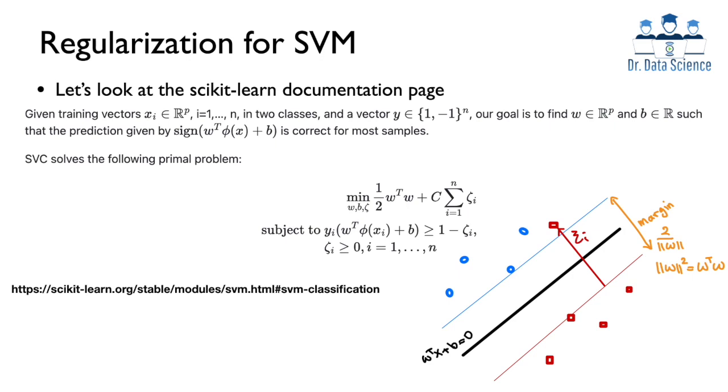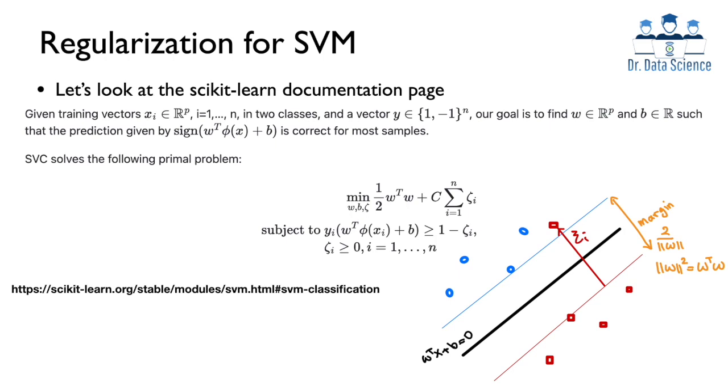And the idea is that you want this line or this hyperplane to have maximum margin from both sides. That's why support vector machines are called margin-based classifiers. I'm not going to go through all the details here because I have another video where I discuss support vector machines, but my focus here is on the regularization part.